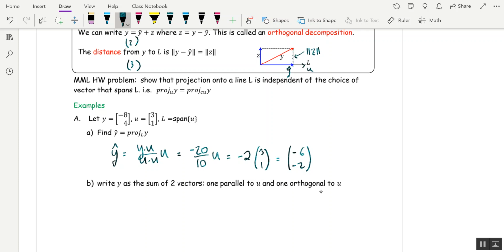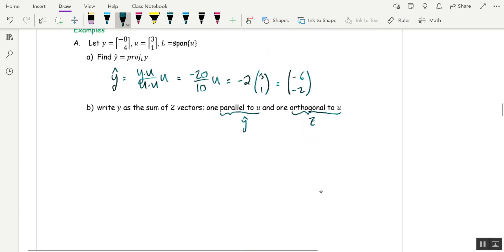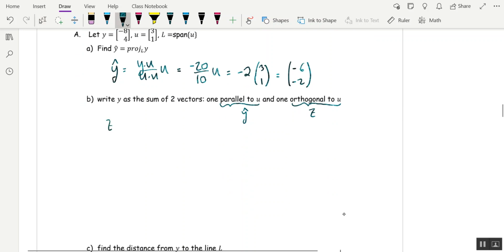Now I want to decompose y into the sum of two vectors, one parallel to u and one orthogonal to u. So the one parallel to u is the y hat, and the one orthogonal to u is the z. So first of all, I need z. z is y minus y hat. y is negative 8, 4. And I'm going to subtract the y hat I just found.